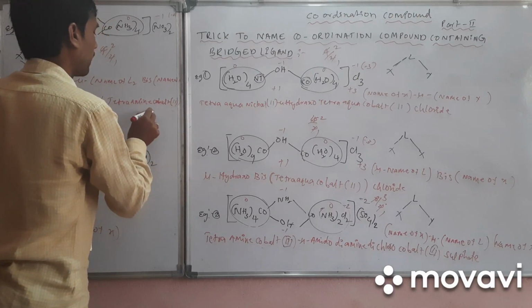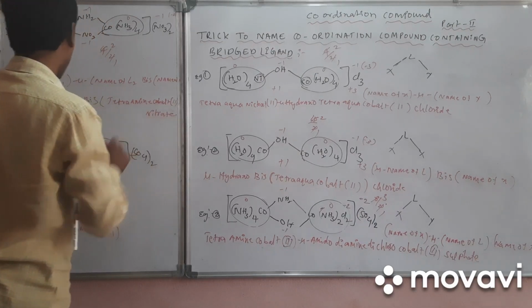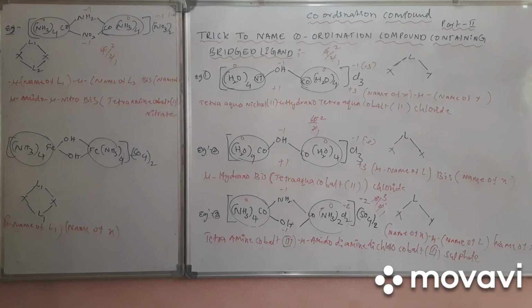Next, we will go to this example. In this case, these two are the same, and these two are also the same. That's why we use mu. Next we go to the ligand name, then after the ligand name we write the name of X. What is the ligand name?